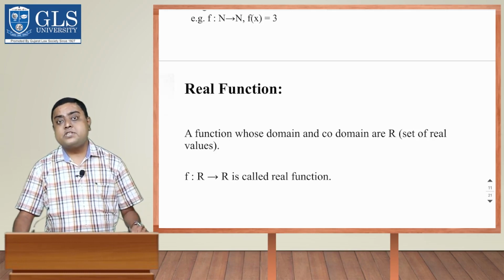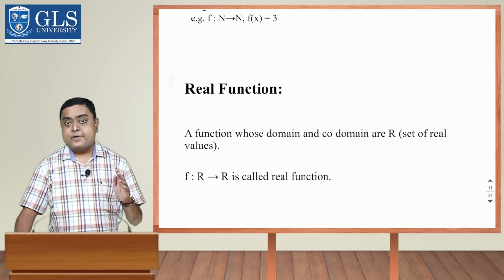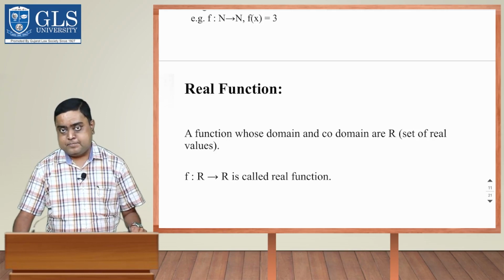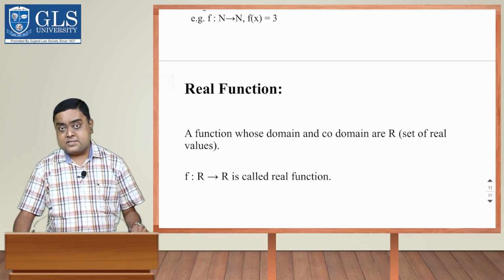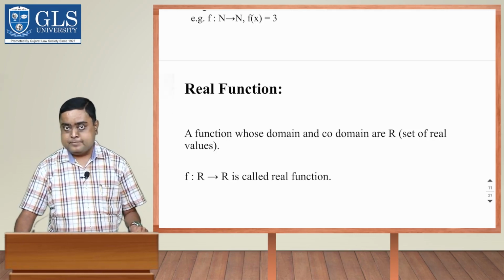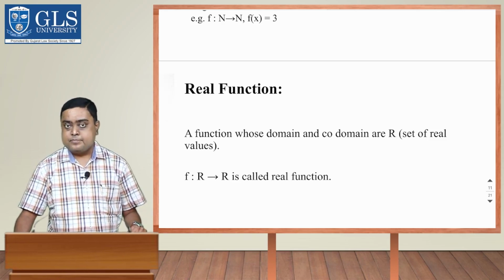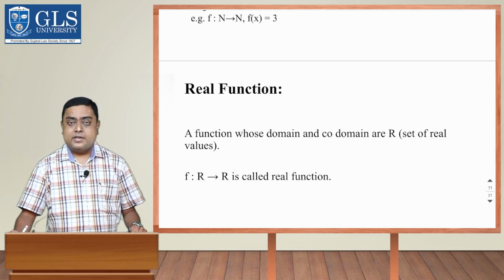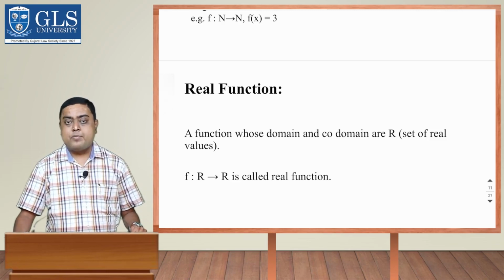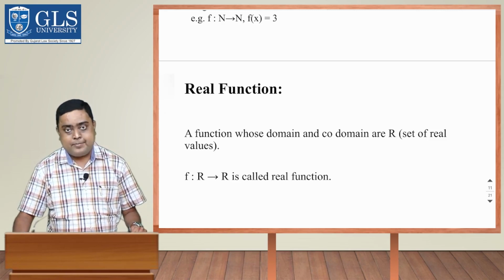Now we are going to see different types of real functions. Earlier I discussed types of function. Now we discuss types of real function. So you understand that in the given function, the domain and codomain both are equal to R.